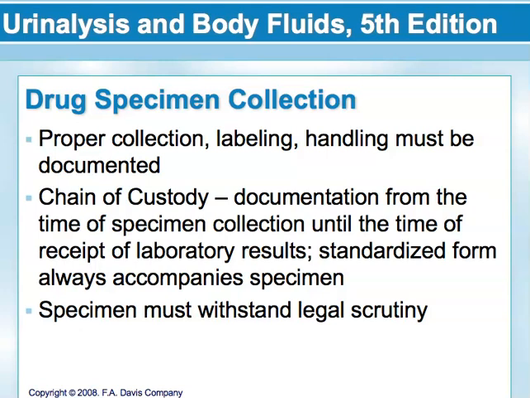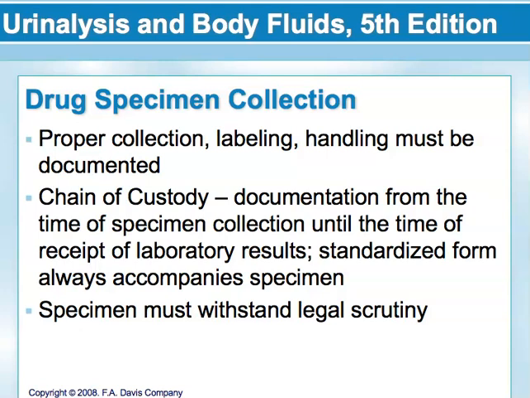And then lastly, drug specimen collection. Correct collection procedures and documentation are absolutely necessary to ensure the results belong to the specific individual submitting the specimens. So drug urine specimens a lot of times will undergo a process called chain of custody. That's the process that provides the documentation of proper sample identification from the time of collection to the receipt of the lab results.